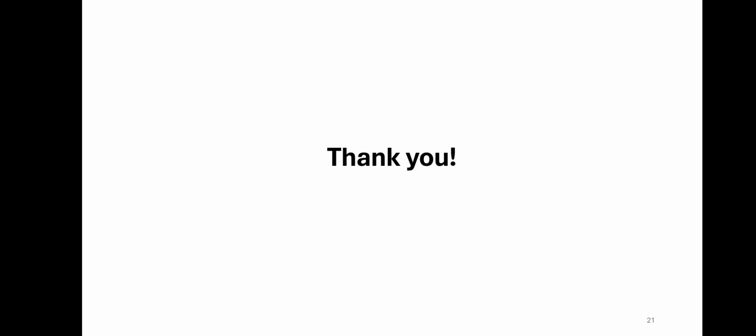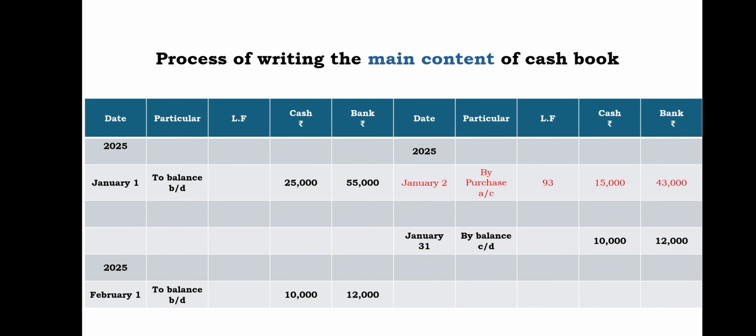We learned the concept of to balance brought down and by balance carried down. Remember, all those things that you saw in dark black color were the things we learned in the main content. The items that you have seen in red color are the entries that we have made during this month.